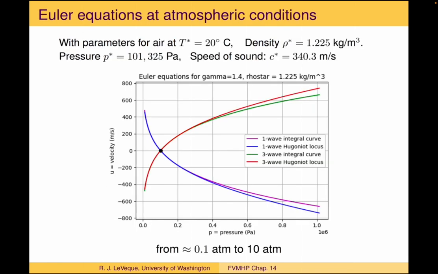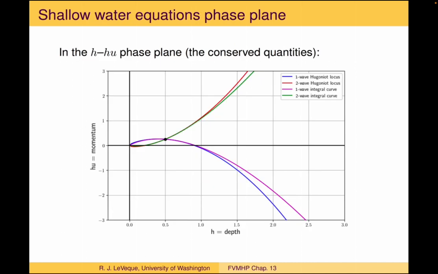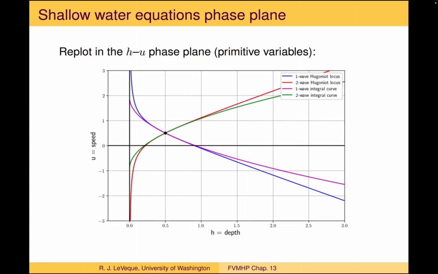Whereas in the Euler equations, we were looking at the pressure and the velocity, not the momentum. And similarly, if we take the shallow water equations and just replot these same curves, but divide by h in our plots so that we're looking at h and velocity, then you get something that looks more like the curves for gas dynamics.